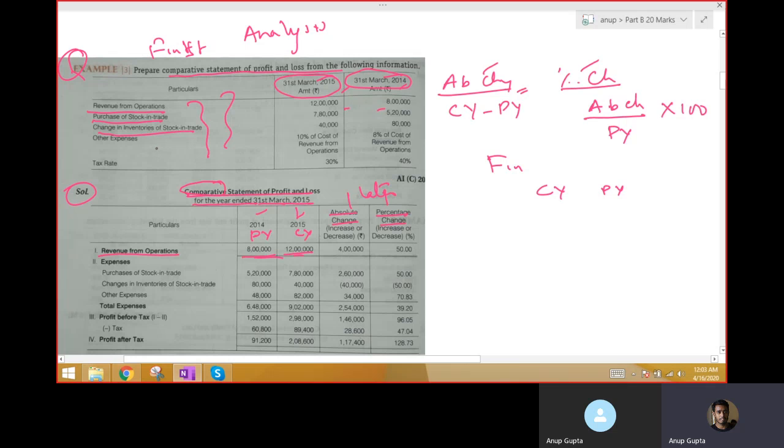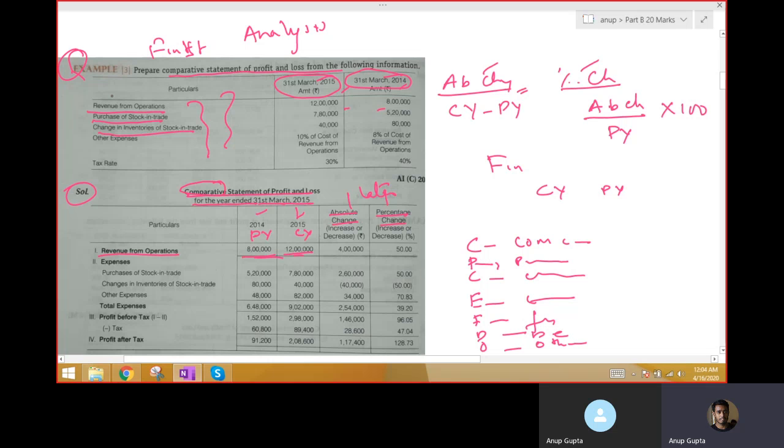So after this, we directly jump into expenses. And for expenses, you know, CPCEFDO: C for cost of material consumed, P for purchase of stock in trade, C for changes in inventory, E for employee benefit expenses, F for finance cost, D for depreciation and amortization, O for other expenses. Cost of material consumed is not there, so we will not write it.